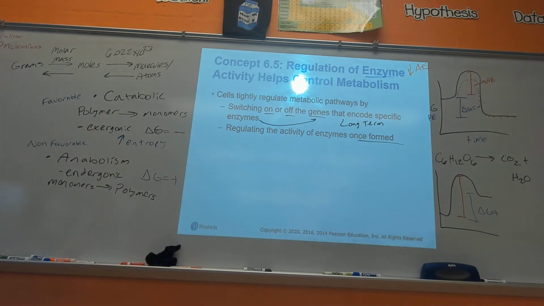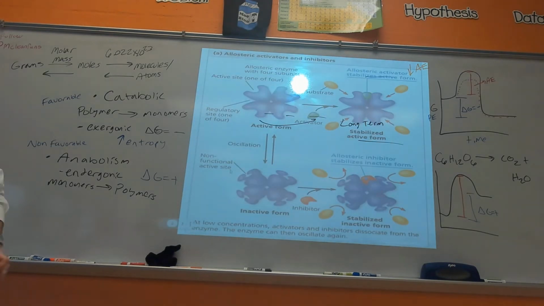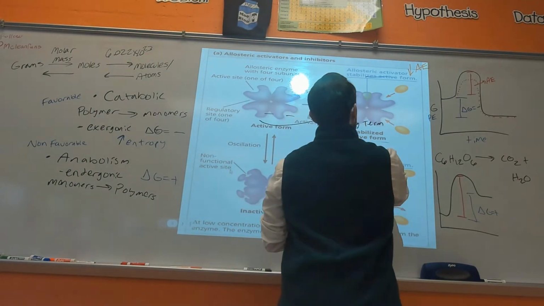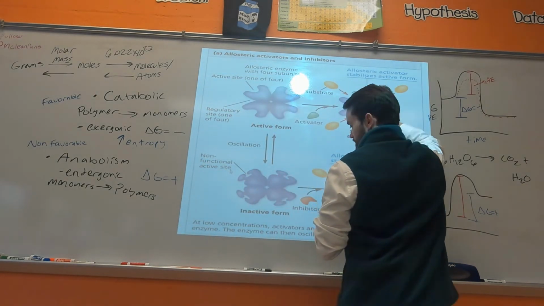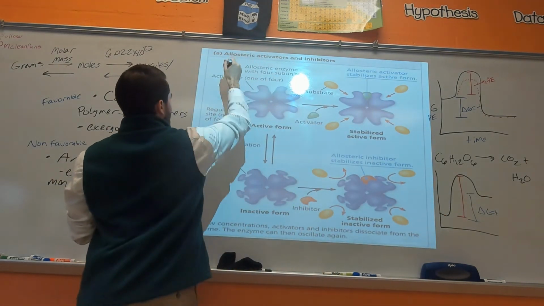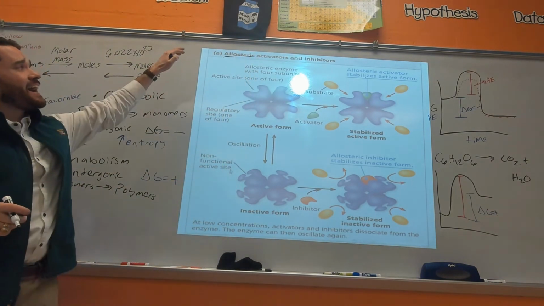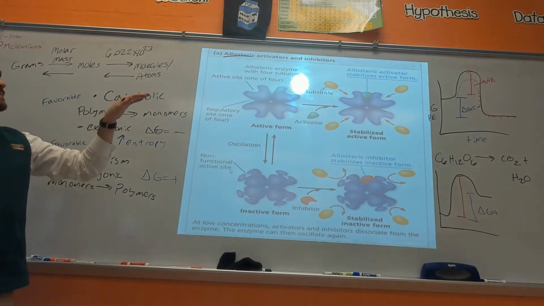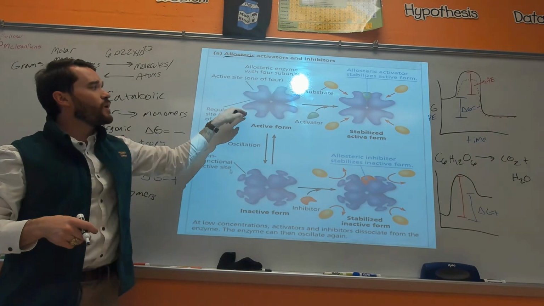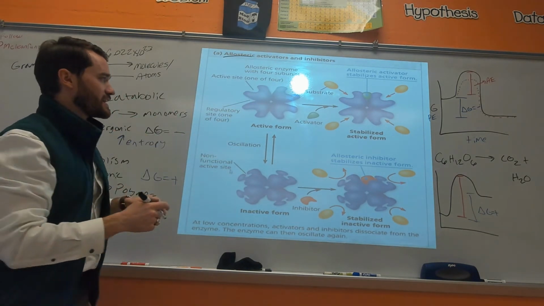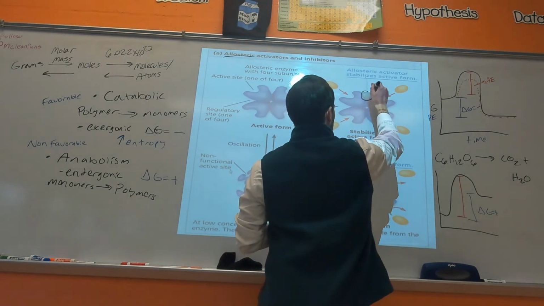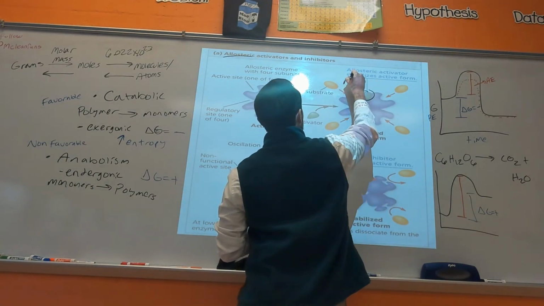Okay, let me get my cursor over here. So there is something called allosteric regulation. Allosteric is referring to binding to somewhere that's not the active site. So like here, we would call this an allosteric site.